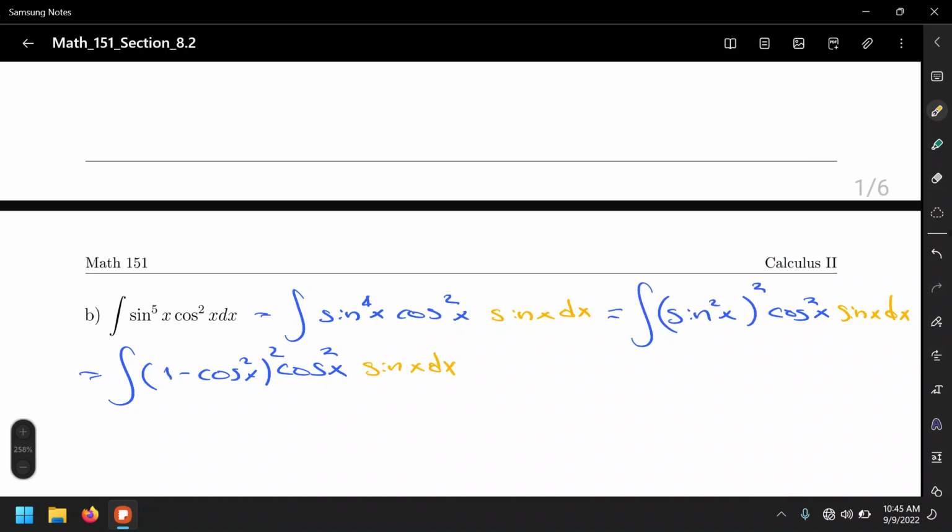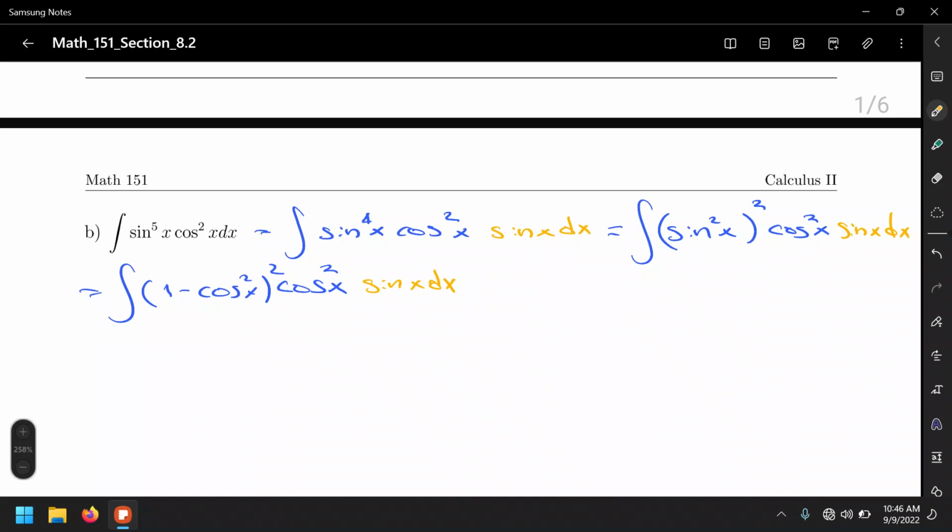And well, notice what we did here is to write everything in terms of cosines, because once we set the u substitution for this, we can actually set u equals cosine, and we already have the part that stands for the du part of the problem. And in fact, we can already do that. Actually, it's not going to take too long.